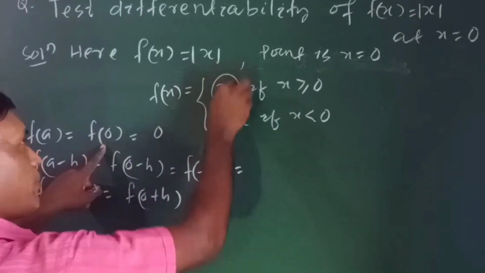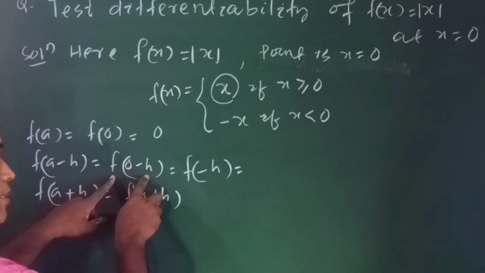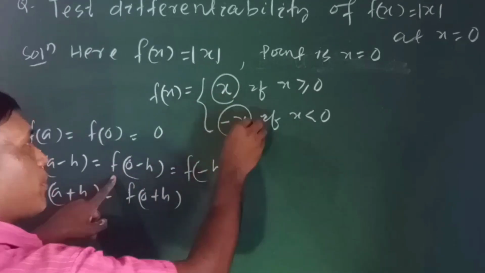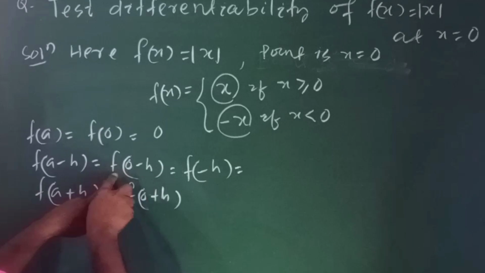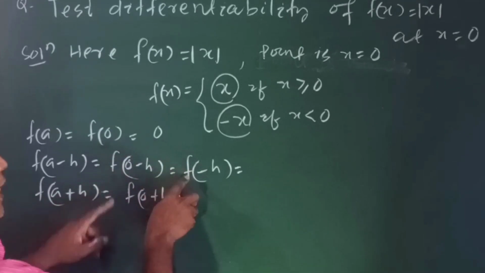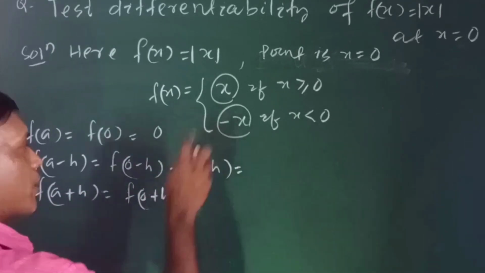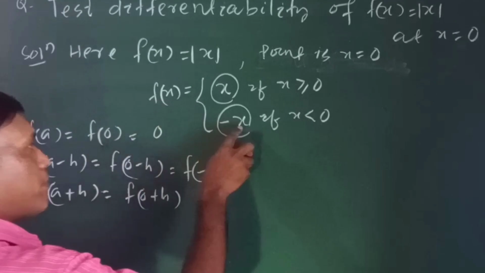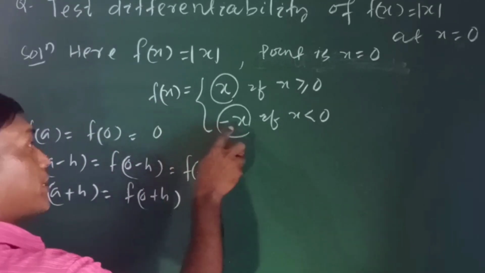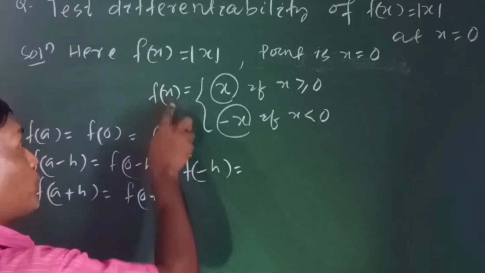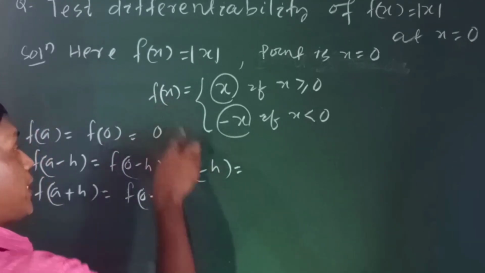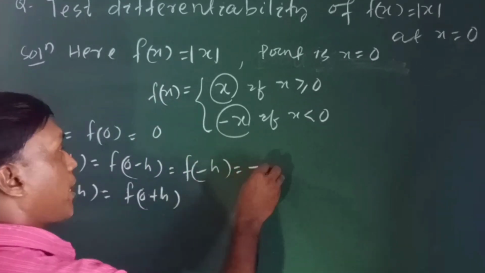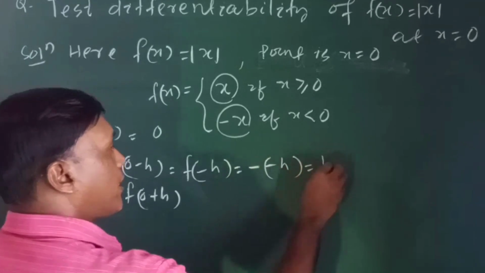That means this value. And 0 minus h means x less than 0. So this function will give the f of 0 minus h. That means f of minus h can be obtained from here. So look at here, f of x is minus x. If f of x is minus x, then f of minus h, put x is equal to minus h. If x is equal to minus h, then this value is minus of minus h, that means h.